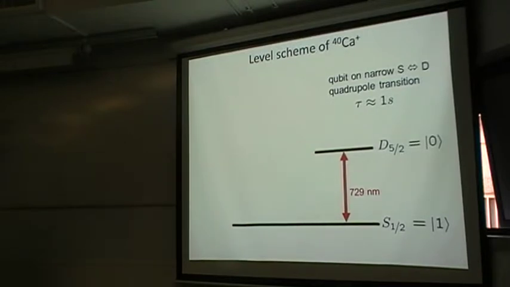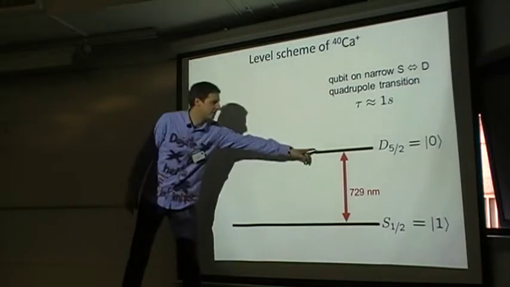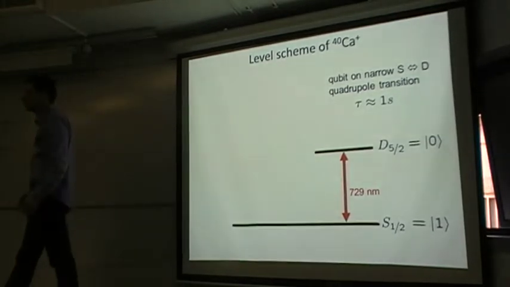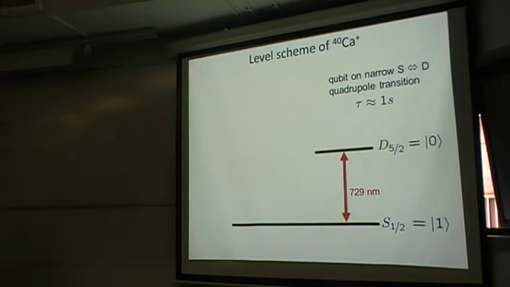And due to that, the D state has a lifetime of approximately 1 second. So the qubit that is stored in these 2 states, for example here the 0 state and the 1 state that we use as qubits, lives due to the lifetime of the excited state approximately 1 second.